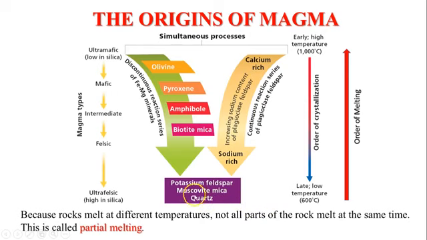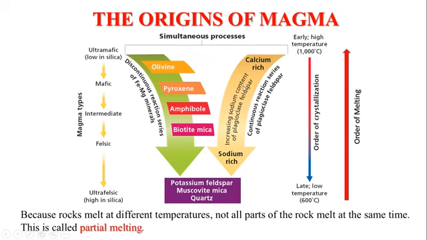So you're going to look at these three minerals, the potassium feldspar, the muscovite mica, and quartz. They're going to melt first, okay? And then you've got your biotite micas melting, the amphiboles, the pyroxene, the calcium rich, and then the last thing to actually melt is going to be the olivine, okay?